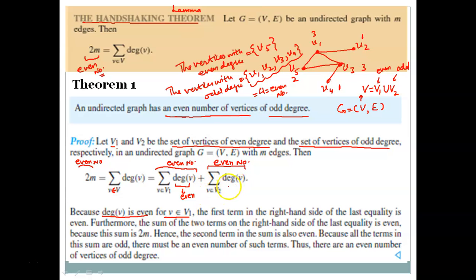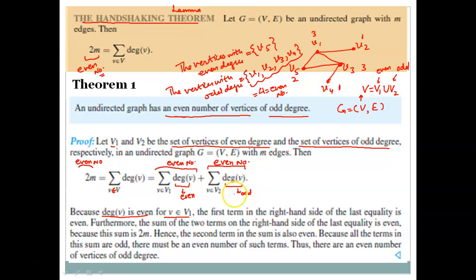But now in the situation you see here, V2 is the set of those vertices whose degrees are odd. That means each of the numbers which you obtain here is odd.